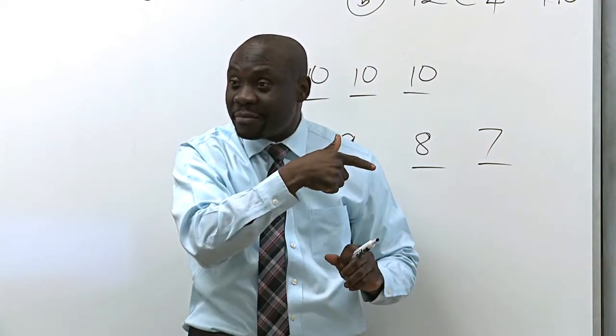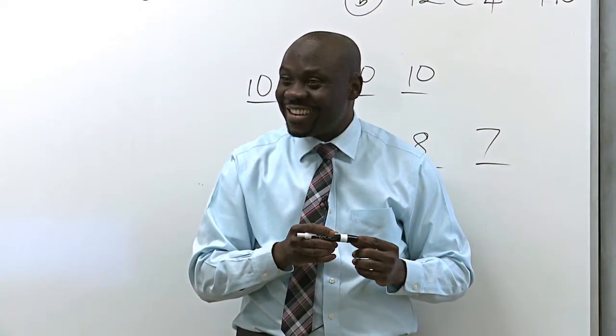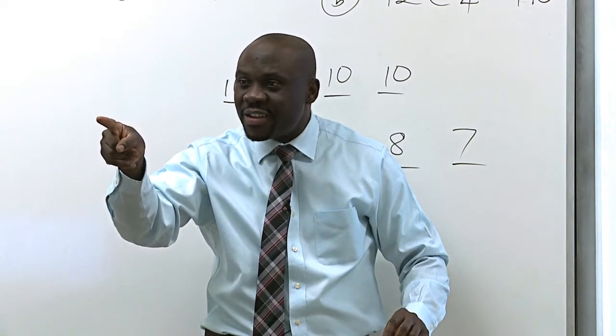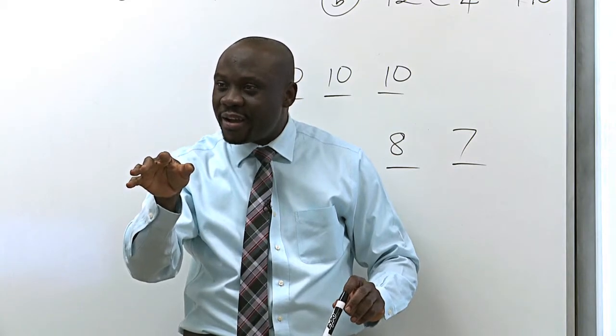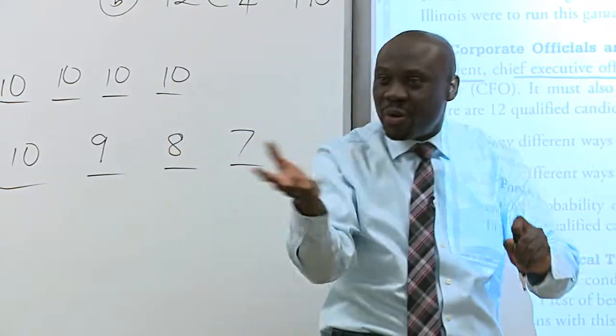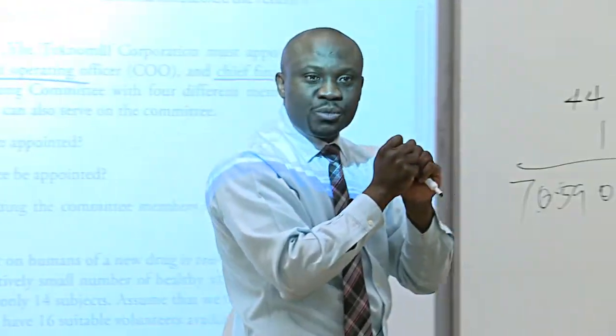Yes, it says that. But the question is, we don't know the ages of these 12 guys. We know we have 4 in there. How do we know that the 4 youngest are together?